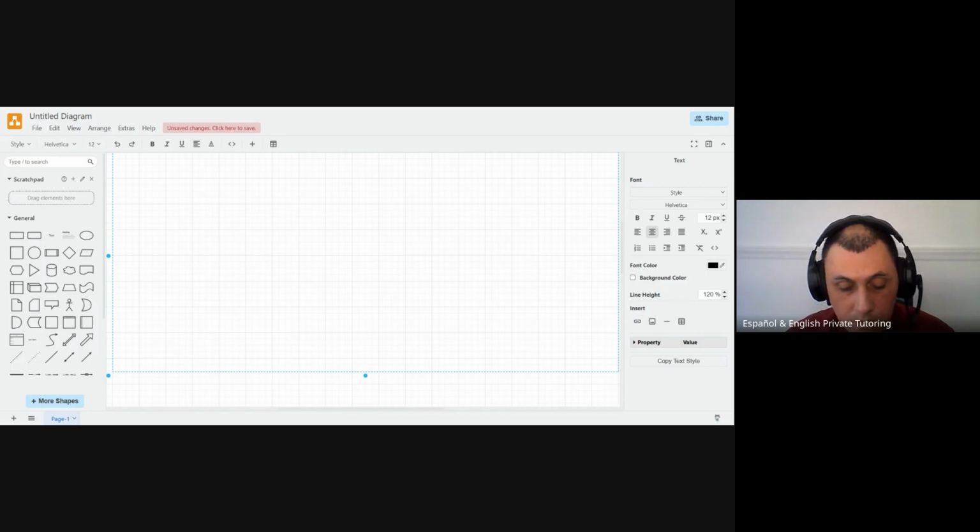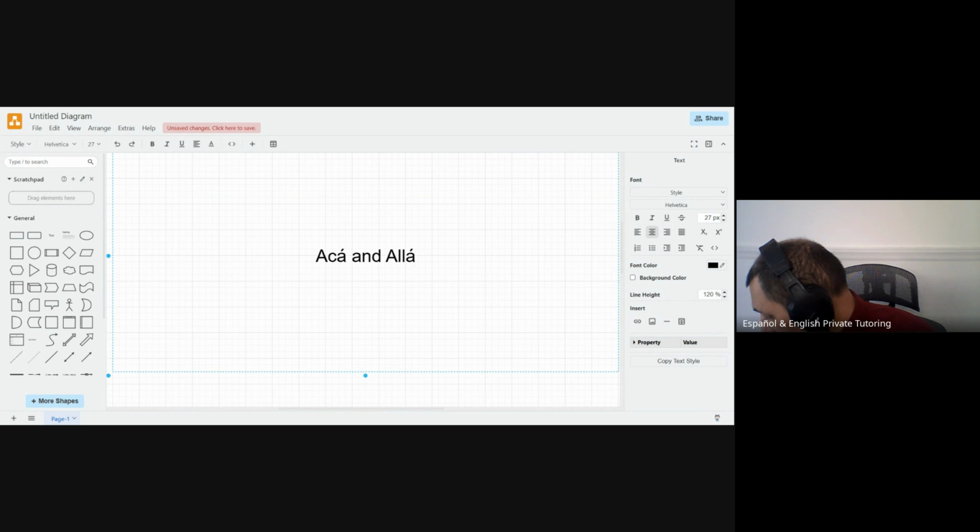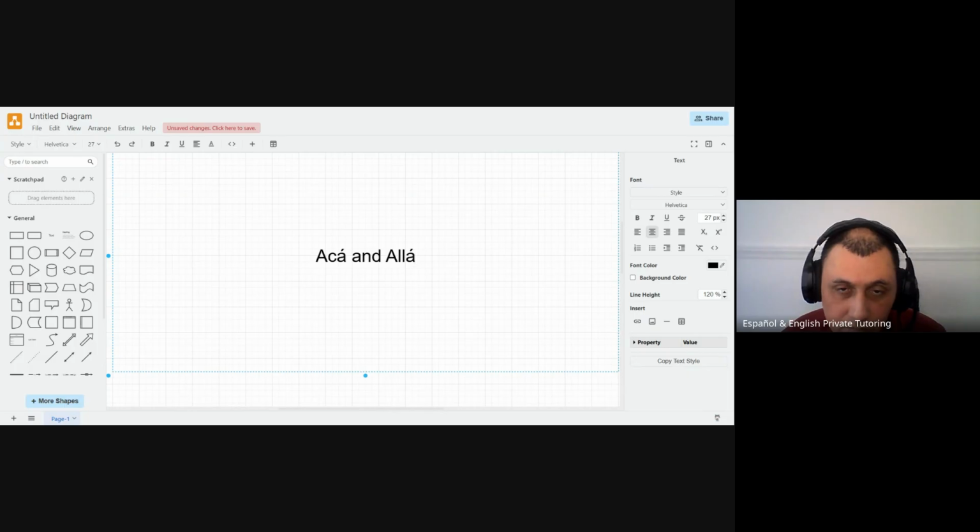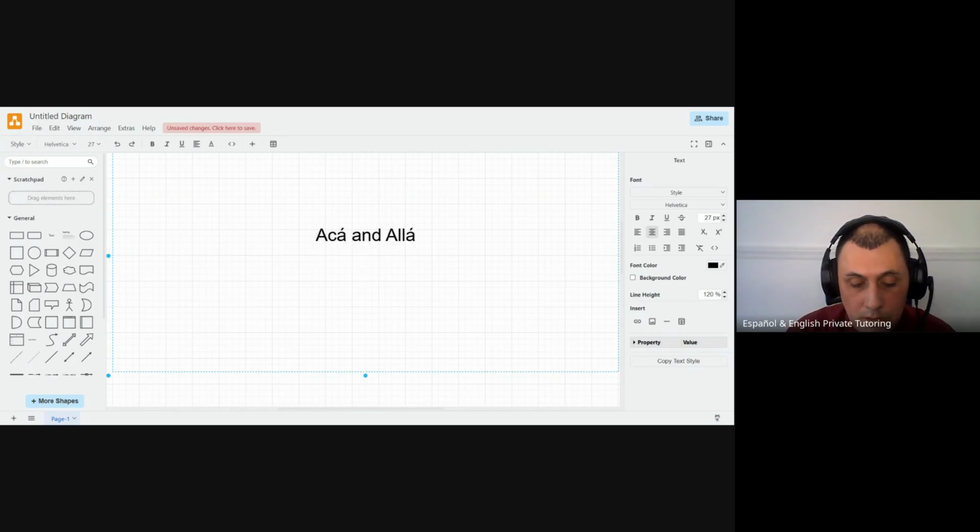So the book is saying here that acá and allá are usually used with verbs of motion, which is correct, but the book is saying usually. You can also use other verbs. For example, ella está acá.